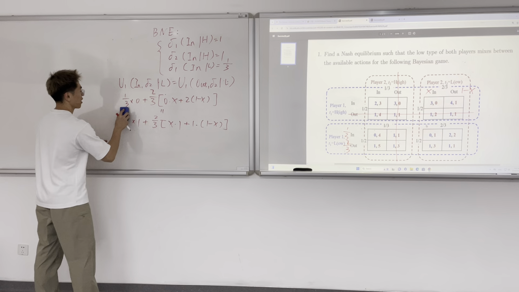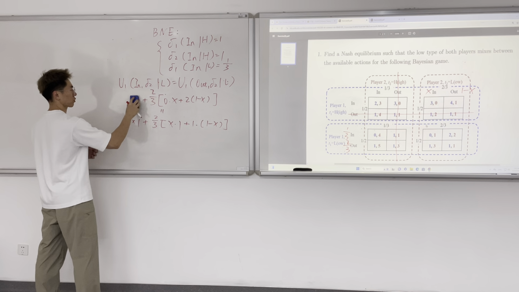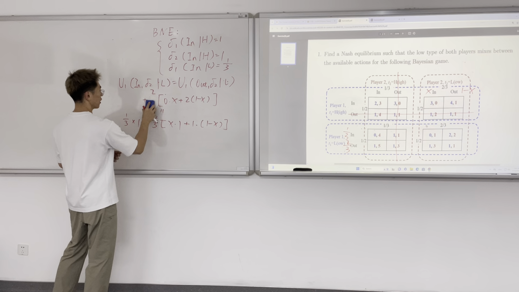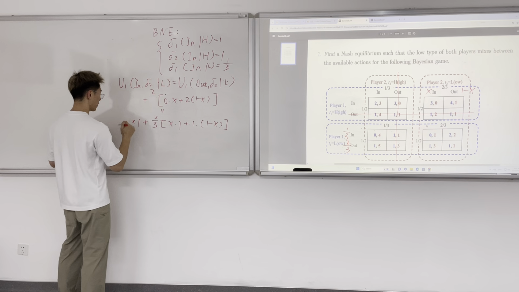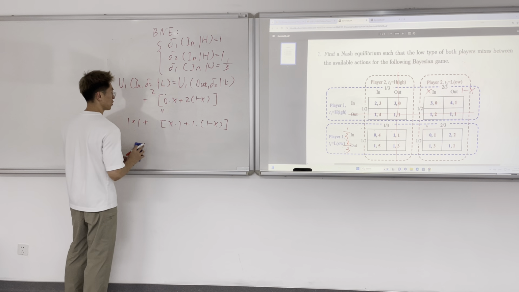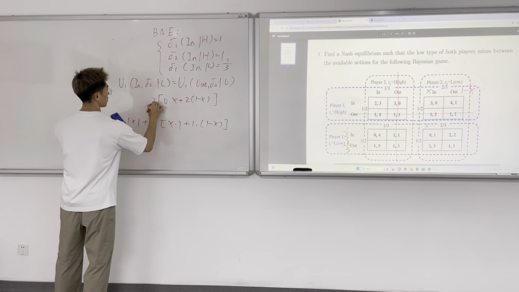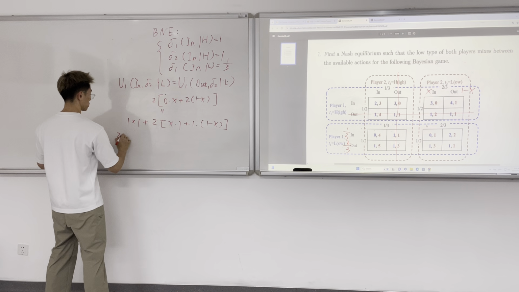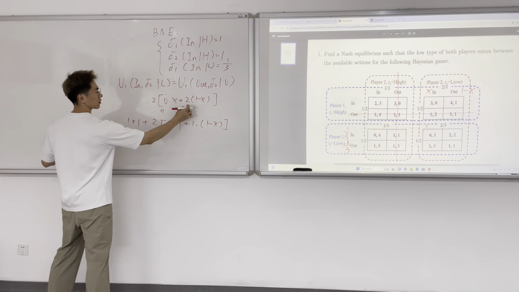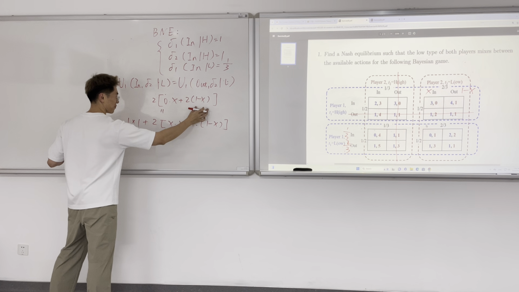And we times 3 on both sides. This is 0. This is 1. This is 2. Okay. This is also 2. So this is 2 times 0 times x plus 2 times 1 minus x.